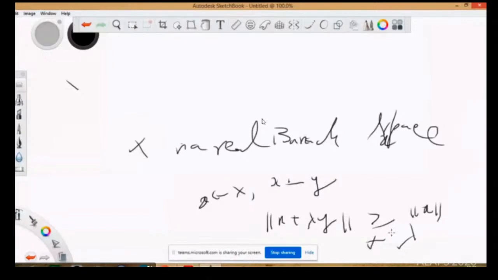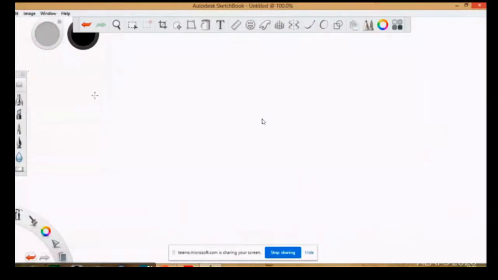Unlike the case of a Hilbert space, the Birkhoff-James orthogonality is not symmetric, nor is it additive. So x is orthogonal to y need not imply y is orthogonal to x, or if x is orthogonal to y and x is orthogonal to z, that need not imply x is orthogonal to the sum vector y plus z.